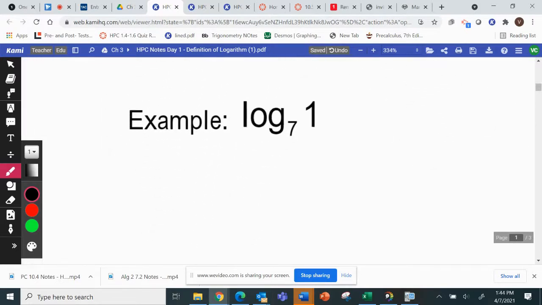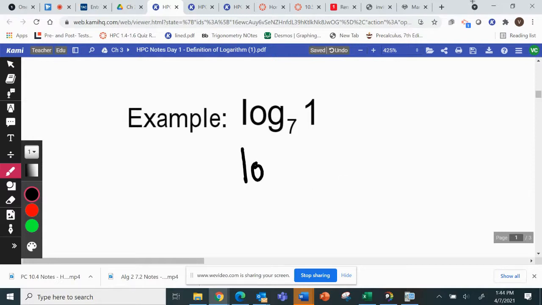And then this one is the same way. So we're going to rewrite this as log base 7 of 7. And the question is, what is the exponent? It has to be the same as the base so that I can cancel them.